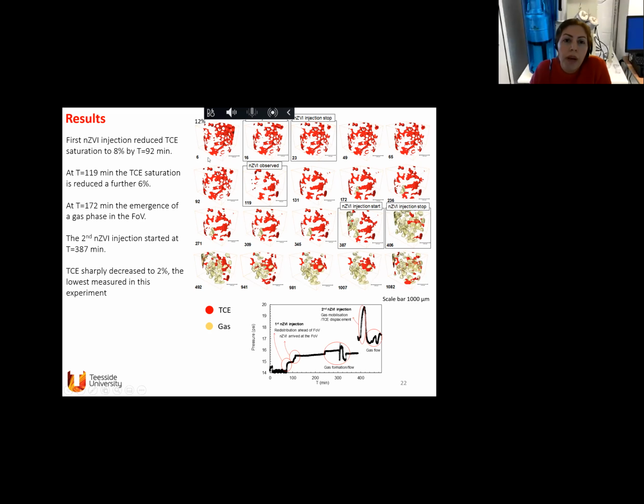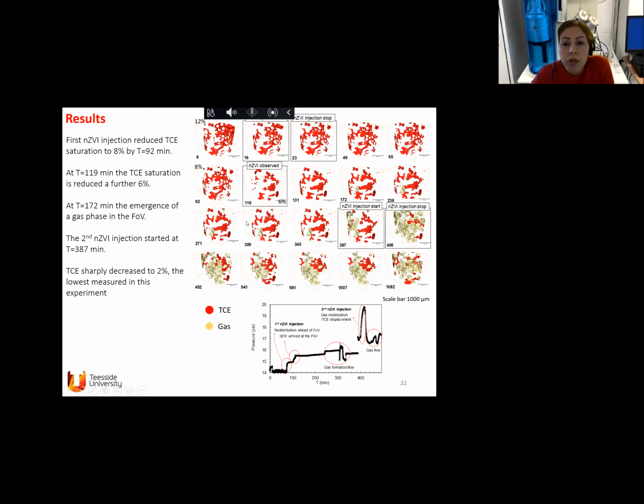So in the beginning, we have 12%. We injected the nanoparticle phase. We don't actually observe the nanoparticle until this stage, until time equal to 119 minutes. But just injection of the nanoparticle phase actually reduces the TCE saturation down to 6%. This is because the nanoparticle phase was more viscous, so this is some viscous dominated displacement.